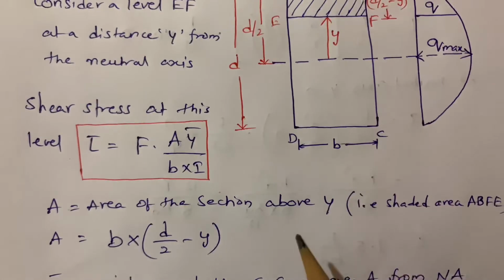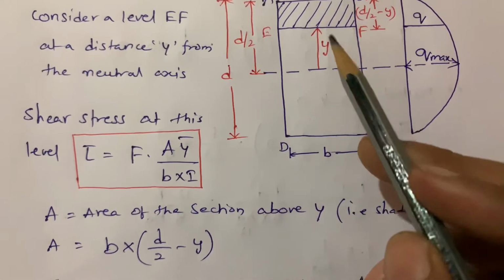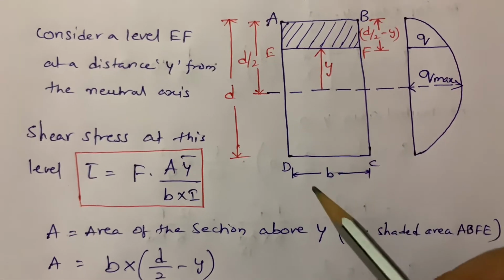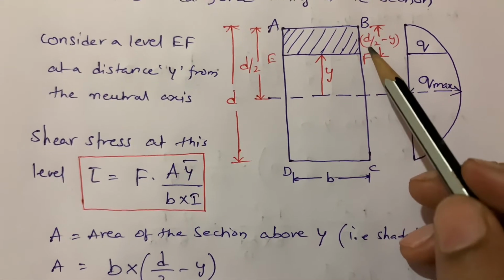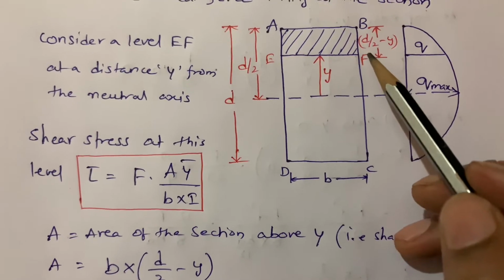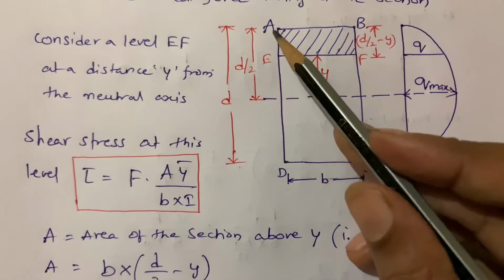The area of the section above y, that is the shaded part ABFE, is the area of this rectangle, L into B. L is this side and B is the thickness. The total depth of the beam is D and half of the beam is D by 2.